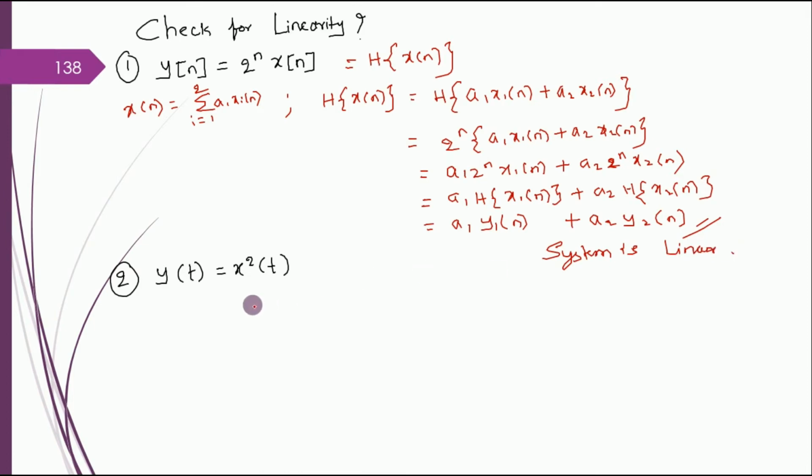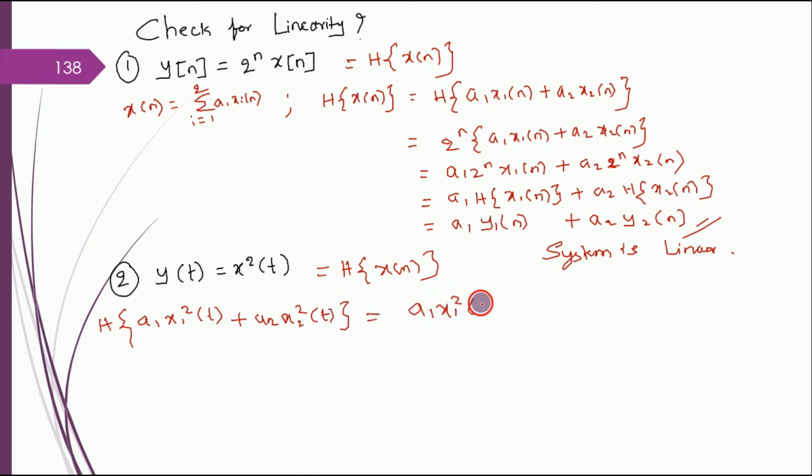Now similarly for this one, I call it as h of x of n. So now h of summation, this one I apply, ai xi of n, same way, a1 x1 square of t plus a2 x2 square of t will result in a1 x1 square of t plus a2 x2 square of t.